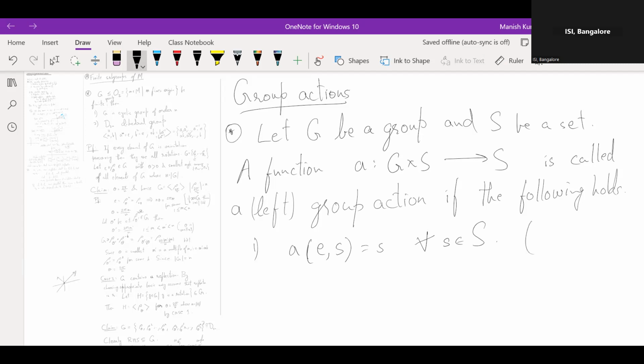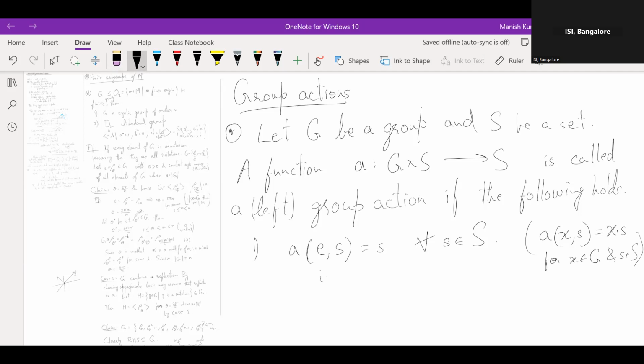Usually A of X comma S is denoted by X dot S, for X in G and S in capital S. So you drop the function name and use this as your notation.